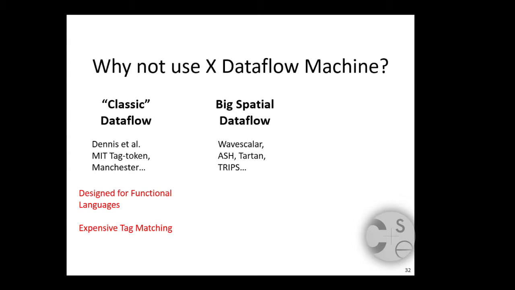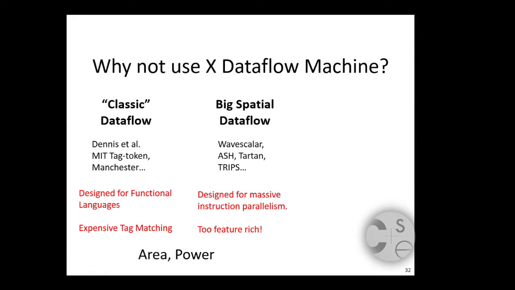There are also a number of big spatial Dataflow architectures, one of which is WaveScalar, developed here. And these are designed for massive instruction-level parallelism, so they tend to be very large. Some of these are feature-rich. They actually try to support general-purpose code in the Dataflow architecture, so they end up needing to support speculation.